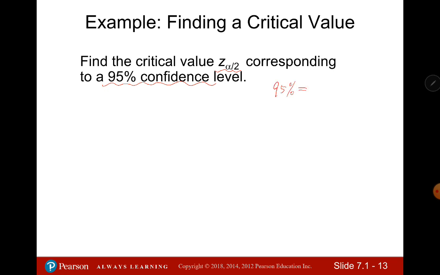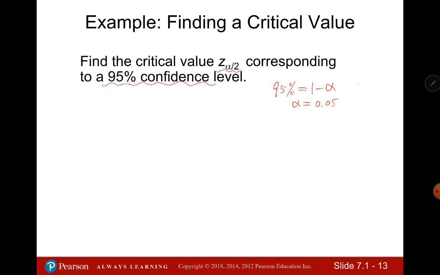We know that if we use a symbol to express the confidence level, we can use 1 minus alpha. So if 1 minus alpha is 95%, the alpha value is 1 minus 95%, which is 0.05.